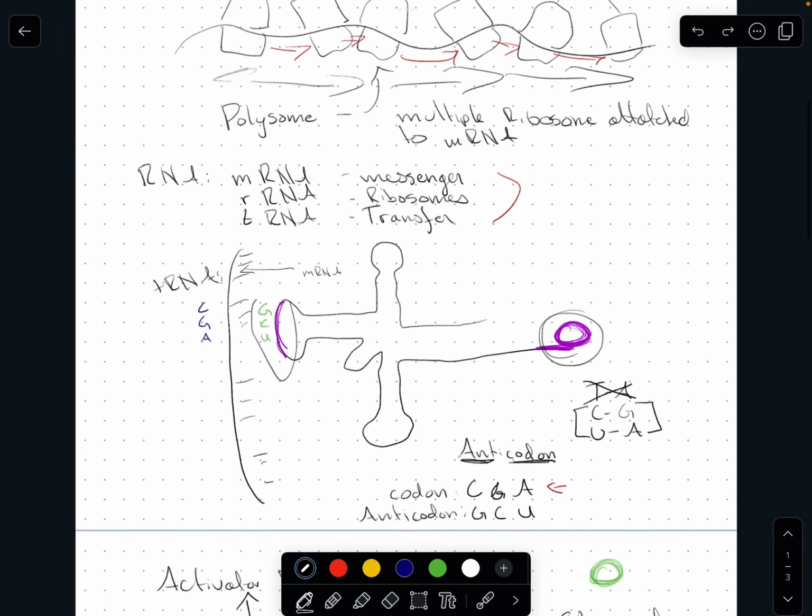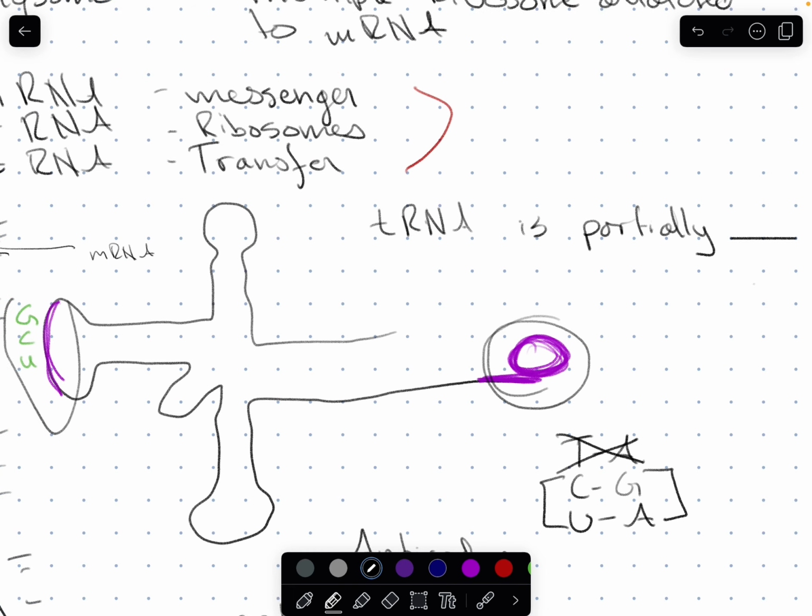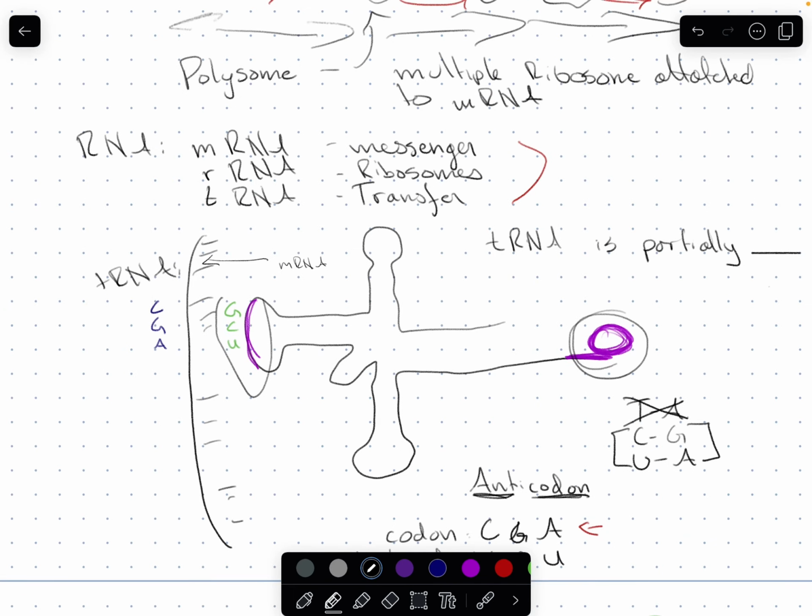Now, one thing to note, which is pretty interesting, that I believe you'll have, it's either a question in one of the quizzes or the worksheets. It says that tRNA is partially blank. So it's like tRNA is partially, and then I'll have a blank there. I think that's how it's worded, something similar. But if you look here, you'll notice that when we have our DNA, you always have two strands, right?